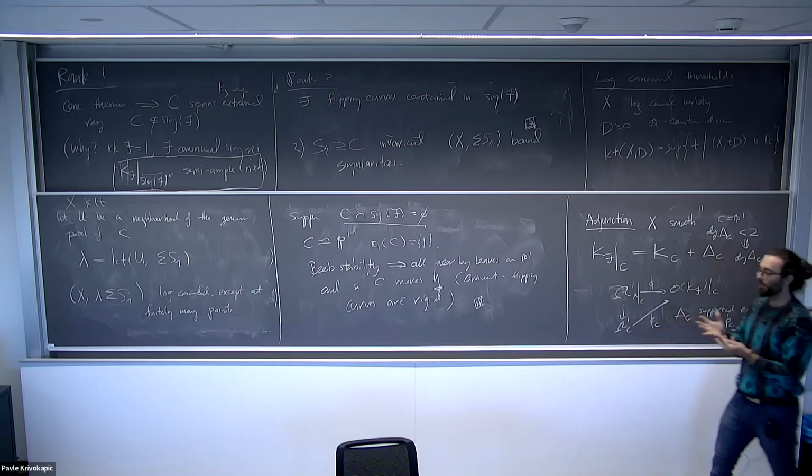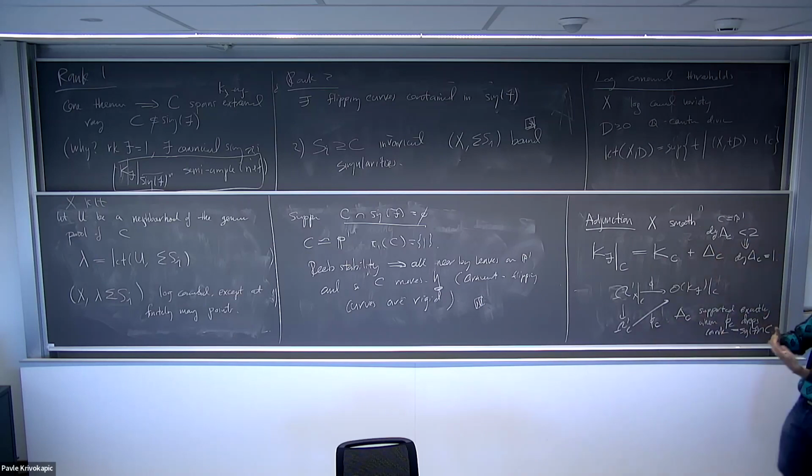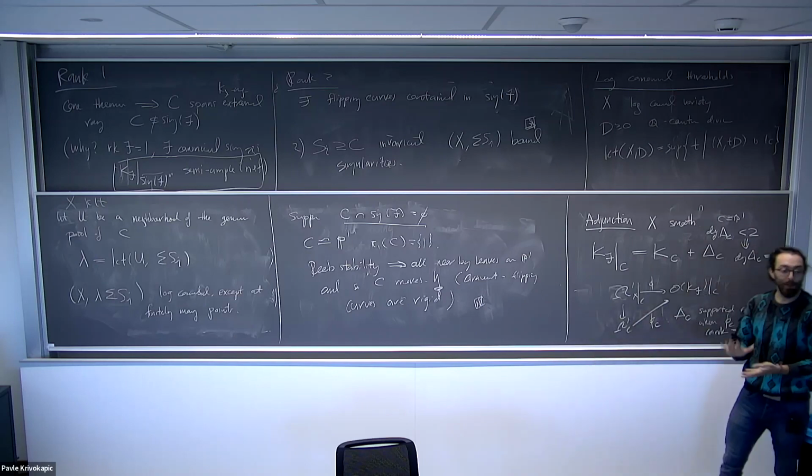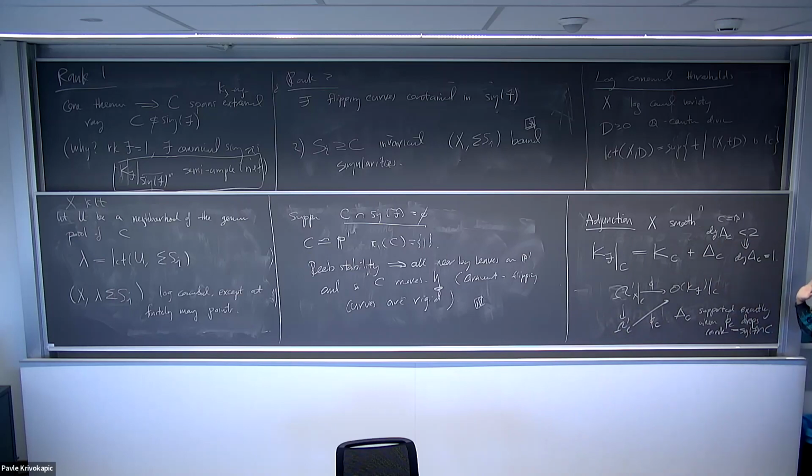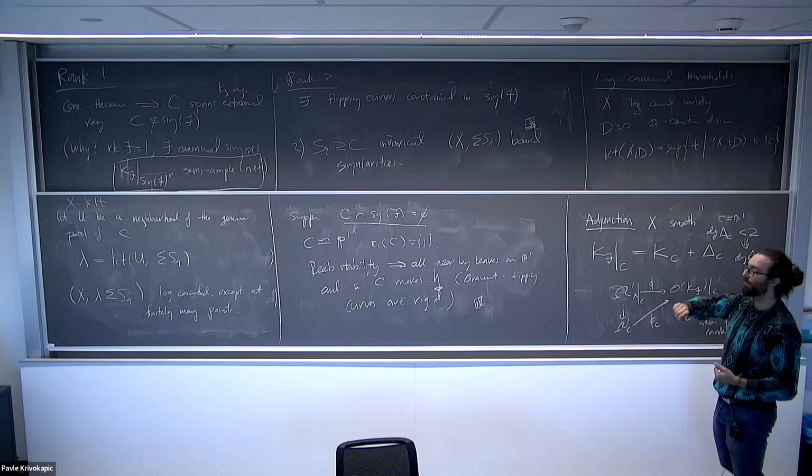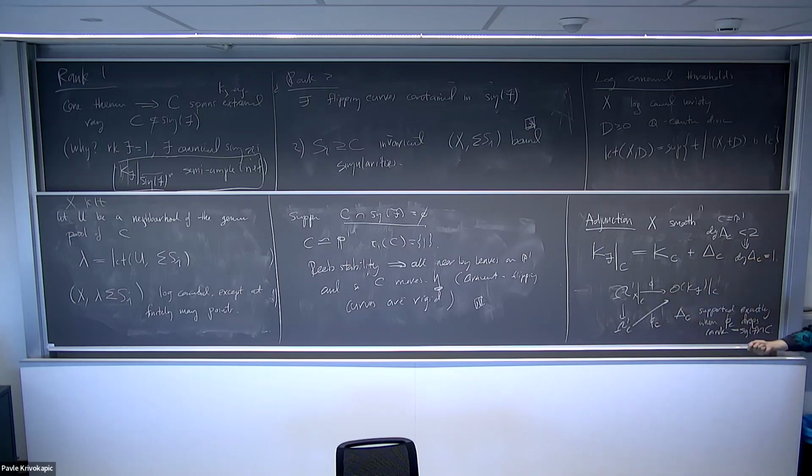Of course, what Paolo and I do is we do some MMP flip. So a priori, you have no control over the singularities that show up. There could just be random KLT singularities. But the neat thing is that somehow you know very precisely what terminal foliation singularities look like. I didn't mention the word terminal at any point, because we defined canonical, log canonical, and KLT, but not terminal.